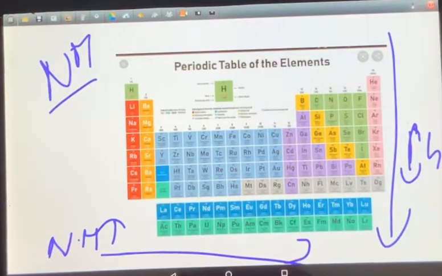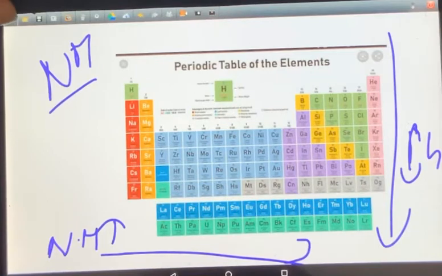The more an element is preferring to become a metal by losing electrons, the less that tendency will be, the element will prefer to gain electrons and become a non-metal. So hence metallic character is inversely proportional to non-metallic character, and hence down the group it decreases, and across a period it increases. Okay, that is very, very important.